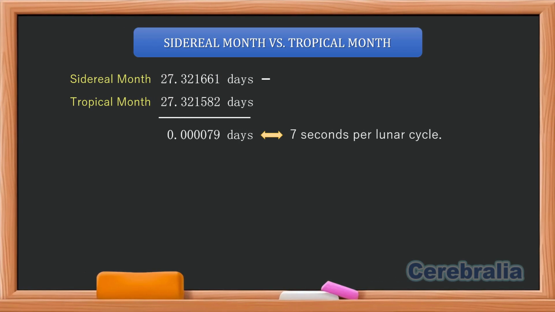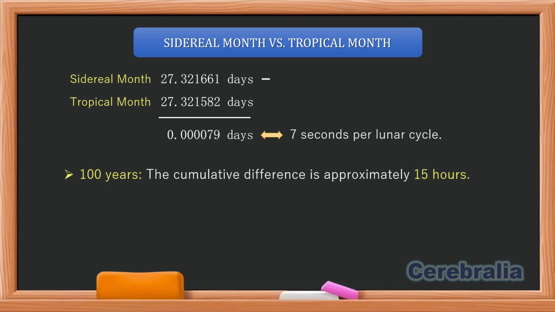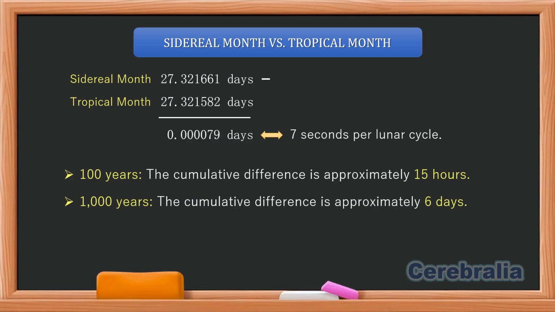The difference between the sidereal and tropical month is about 7 seconds per lunar cycle. Although small, this difference is significant. Consider this. Over a century, the cumulative difference is approximately 15 hours. After 1,000 years, the cumulative difference is approximately 6 days.